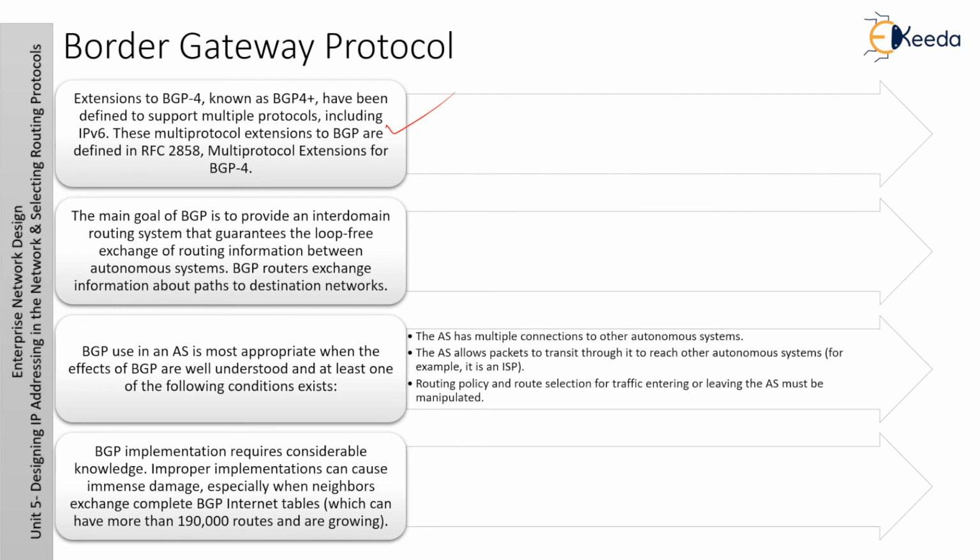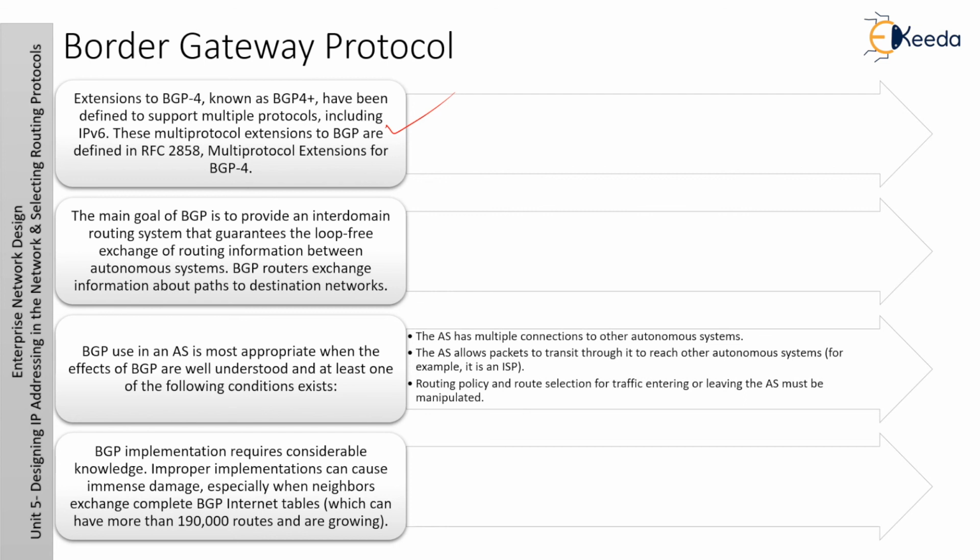So this is defined in RFC 4271. Extensions to BGP4, known as BGP4+, have been defined to support multiple protocols including IP version 6. These multiprotocol extensions of BGP are defined in RFC 2858.